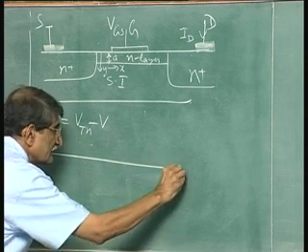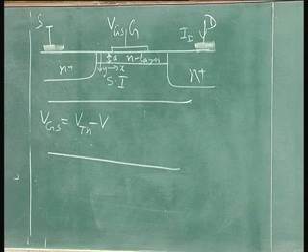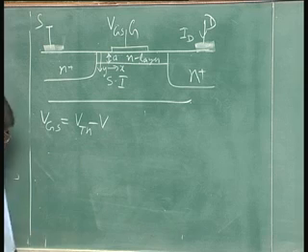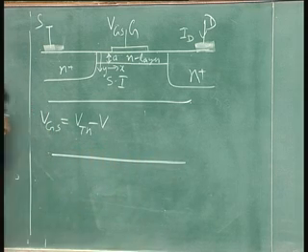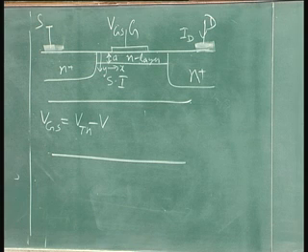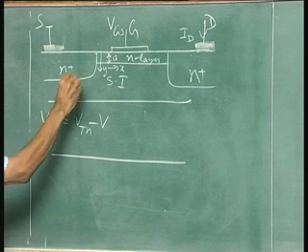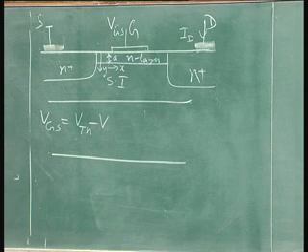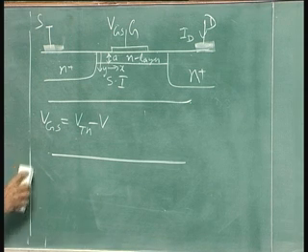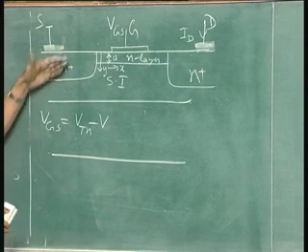Let me plot that potential, only the potential variation. Let me just plot that with a better line. This is the 0 line, 0 voltage. Supposing I say at the source end, I think I better draw, I think I can remove this thing now, because I need more space here.